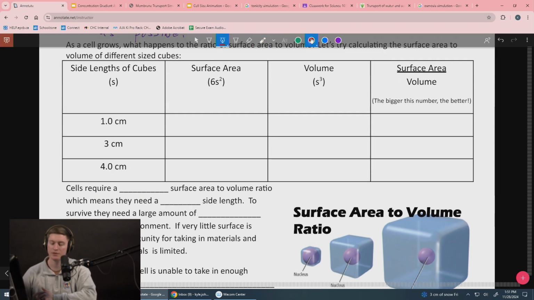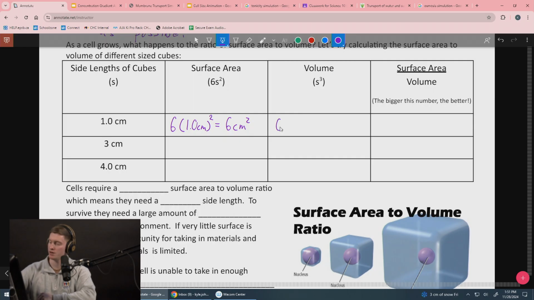The surface area formula for a cube is 6 times the side length squared. So our surface area here is going to be 6 times 1 centimeter squared, which will get us 6 centimeters squared as our surface area. Our volume is going to be the side length cubed.